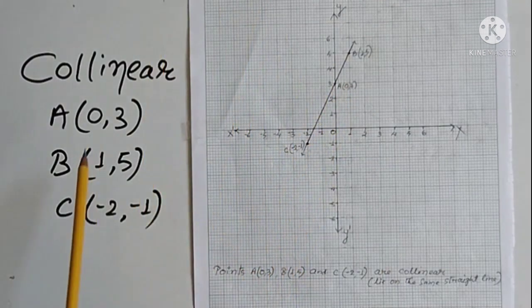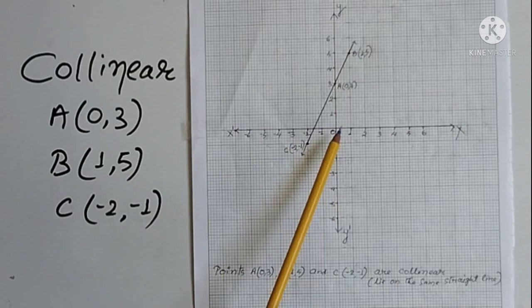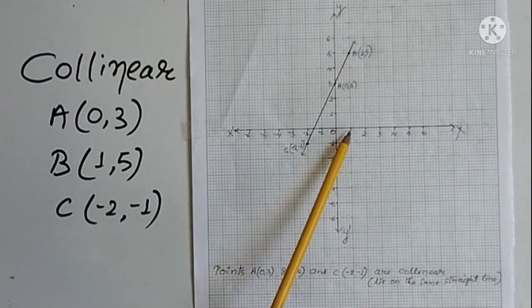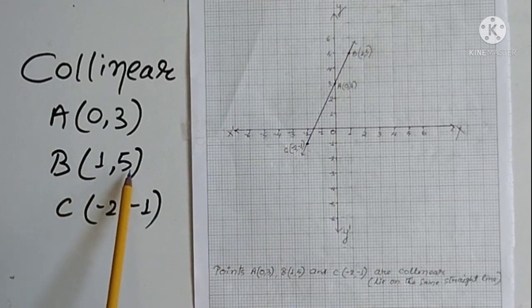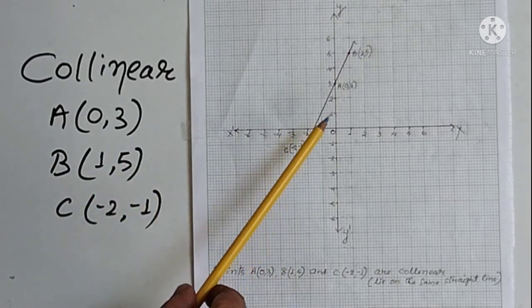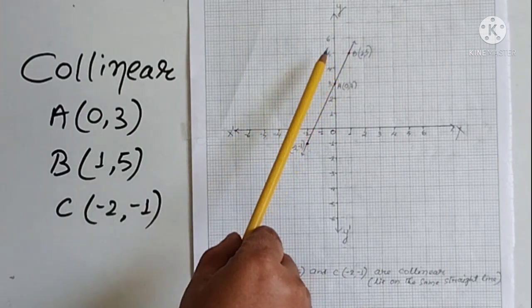Okay. Now for the point B, your abscissa is 1, ordinate is 5. So B, where is your 1? Abscissa, x coordinate. So 0, 1. Over here 1. And your ordinate is 5. Ordinate is over here 1, 2, 3, 4, 5.